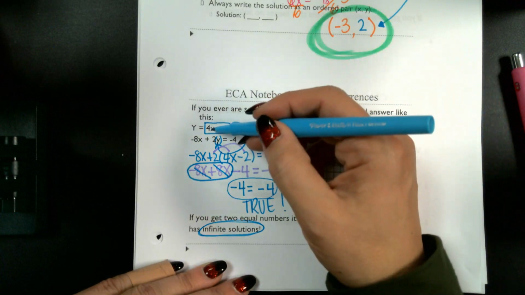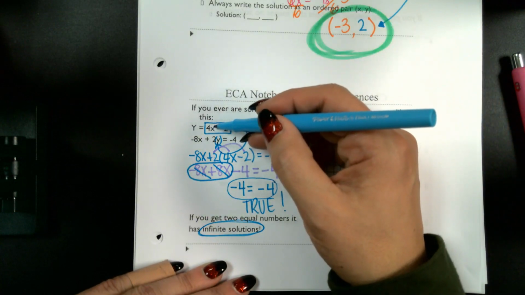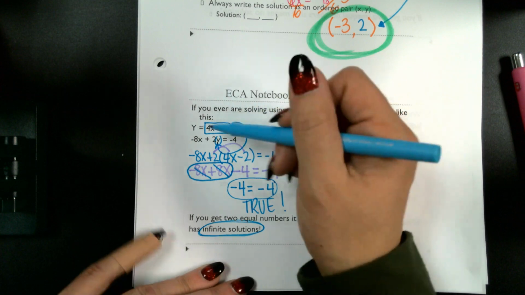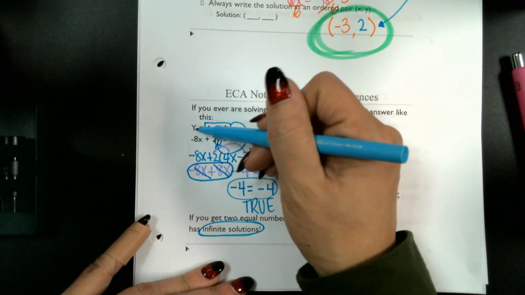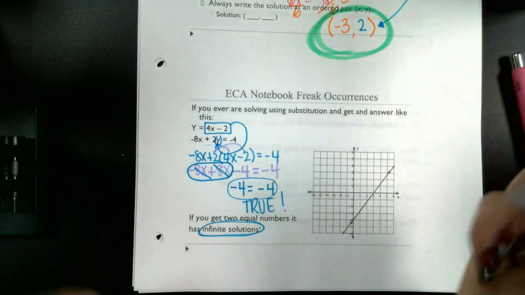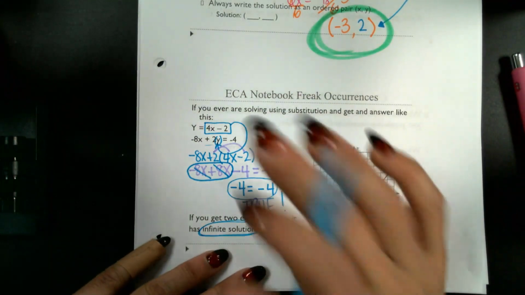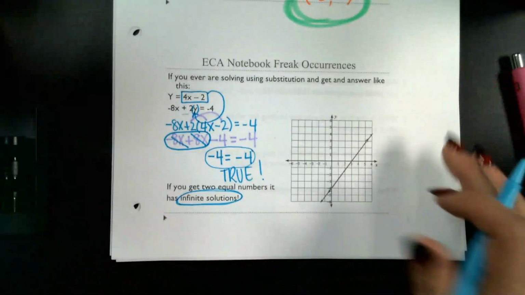If I plugged in a 4 here, which would make 4 times 4 is 16 minus 2, which is 14, 4 comma 14 would work there too. Any two numbers we plug in will be true in both equations, okay?